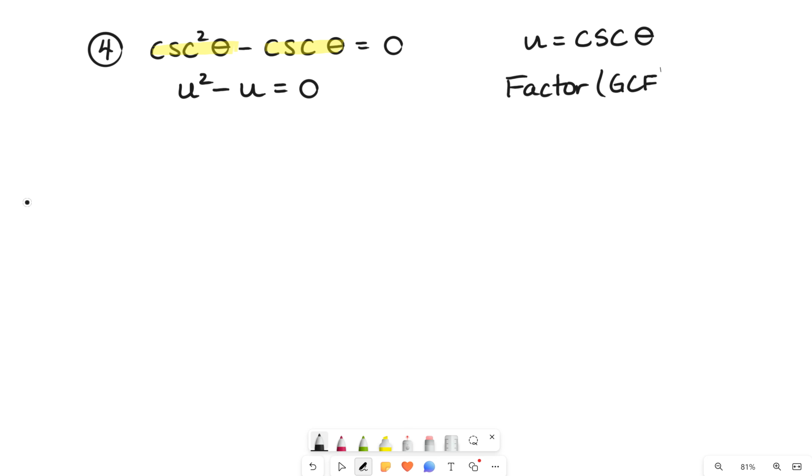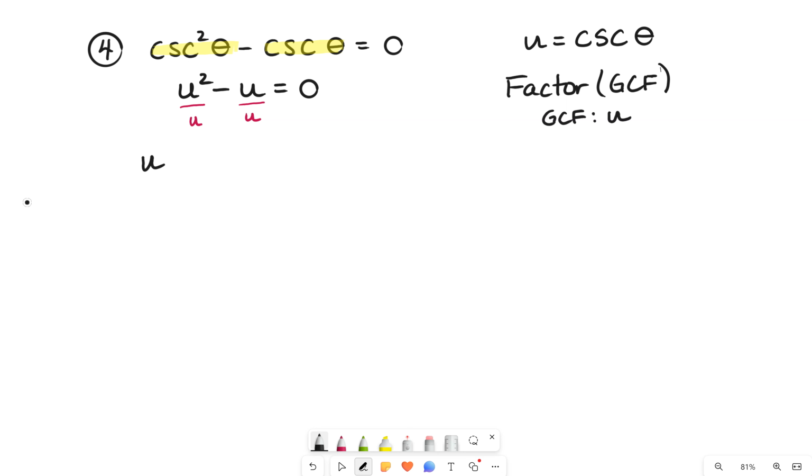Every single time, always try factoring by greatest common factor. If you look at our particular problem, our GCF for this problem is going to be u. Both those terms are divisible by u. So I'm going to divide by u so that I can figure out what my other factor is.